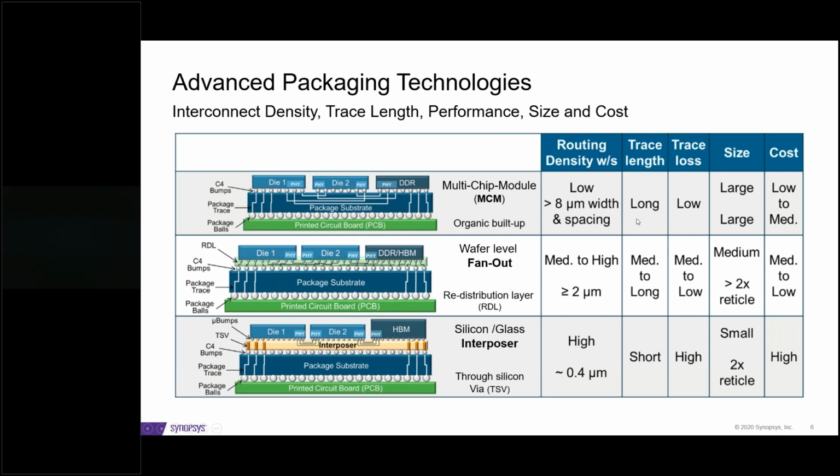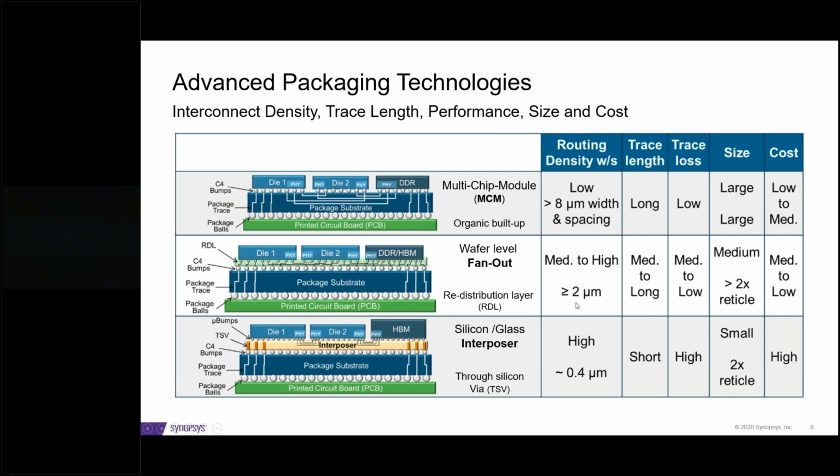But it allows you to go long traces. It's very attractive for traditional connections, especially if you don't need a whole lot of wiring density within a package. And of course, compared to other new technologies such as silicon interposers or even fan-out, that tends to be a much lower overall packaging cost solution in terms of substrate design. Then you look at the wafer level fan-out, which brings the density of wiring a little bit better.